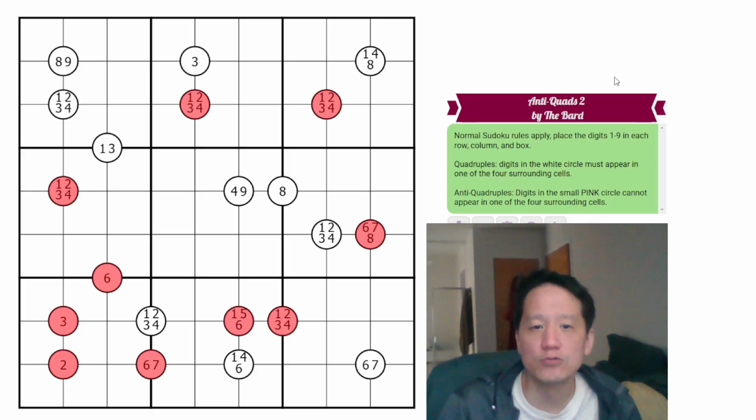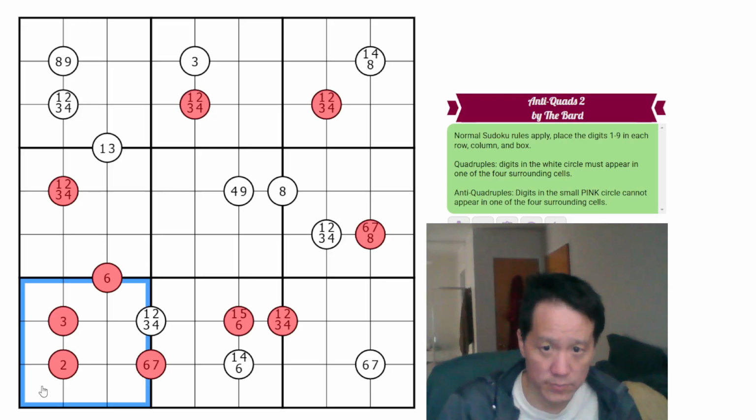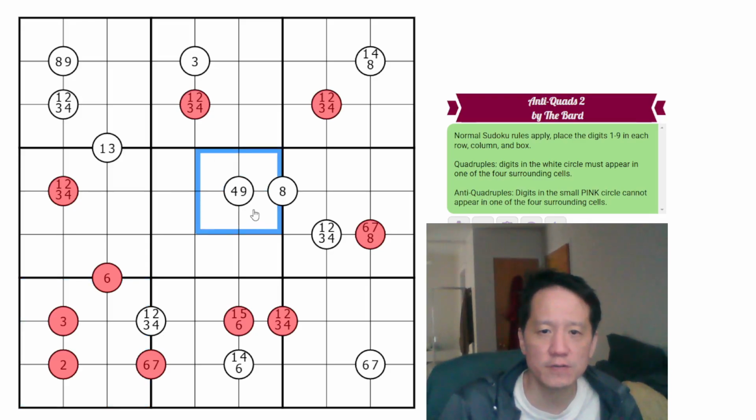And here are the rules. Normal Sudoku rules apply. Place the digits 1 to 9 in each row, column, and box. Quadruples: digits in the white circle must appear in one of the four surrounding cells. So this quadruple has a 4 and a 9 in it.